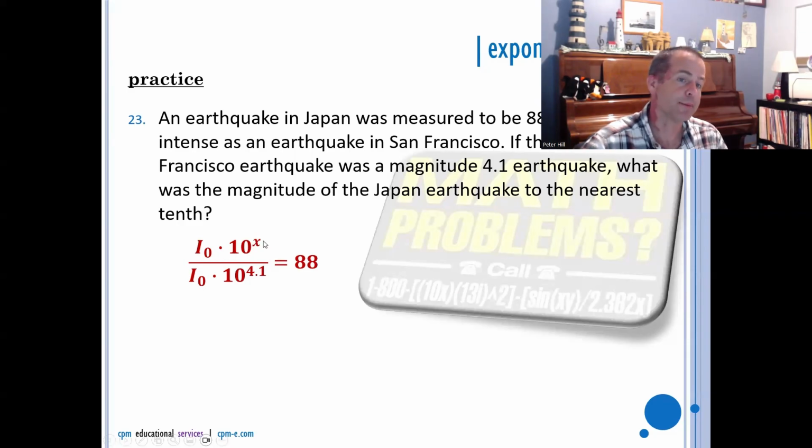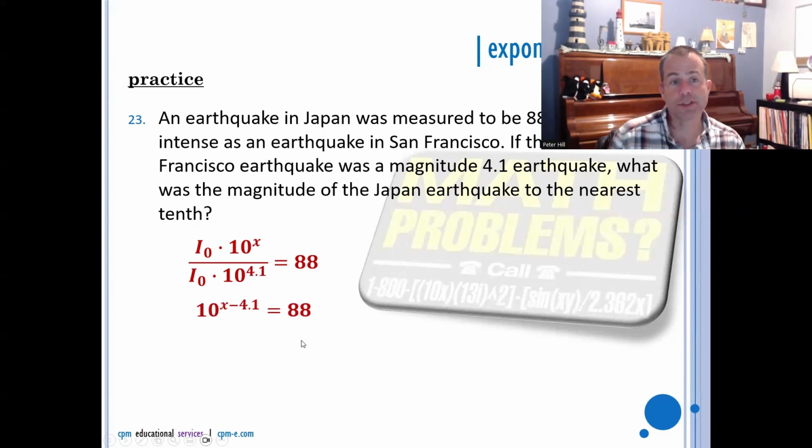So I have I0 times 10 to the X, that's Japan, divided by I0 times 10 to the 4.1, that's San Francisco, and I know that the ratio ends up being 88. Now I'm going to solve this. My I0s are gone, and this ends up being 10 to the X minus 4.1.